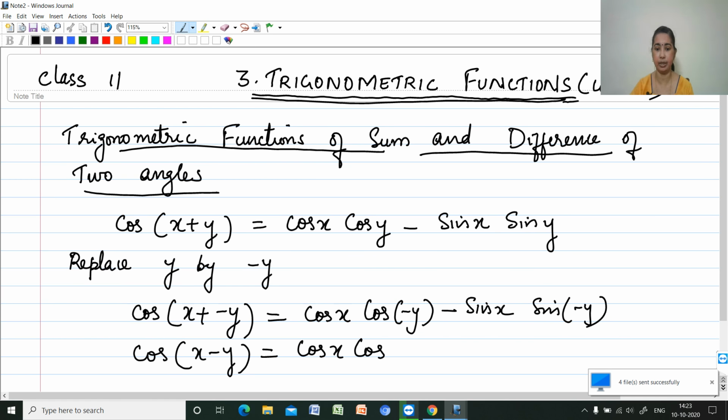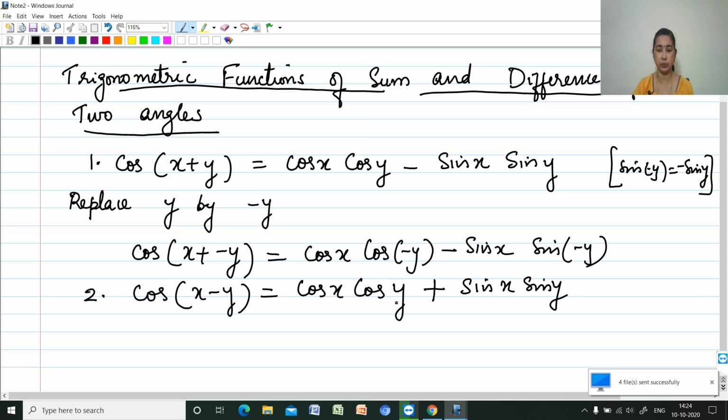The reason is sin of minus y is equal to minus sin y because it is an odd function, and cos is an even function. So we got the next identity. This is the first one, this is the second one, so study along with this: cos of x minus y is equal to cos x cos y plus sin x sin y.